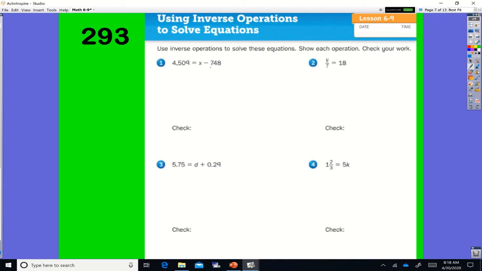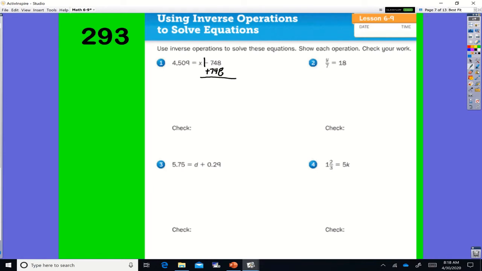So we do not have the distributive property here. Like terms are not on both sides. We get the variable on one side, ready, have that. Now we have to get the number on the opposite side of the variable, so we do the inverse operation. So you see in front of here, if we had our line, this is minus 748, so we're going to add 748.